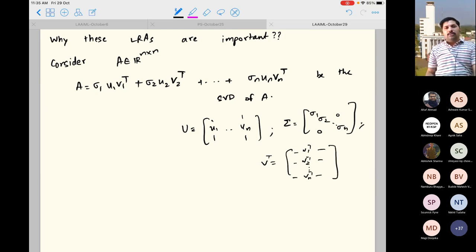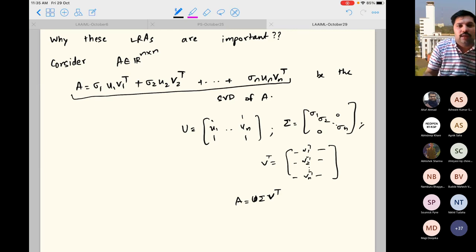So you can generalize this to any rectangular matrix with r singular values, and this is how the matrix A I can write. So A is equal to U sigma V transpose. I can use the properties of matrix-vector multiplication, and using that I can write down my matrix A to be this.